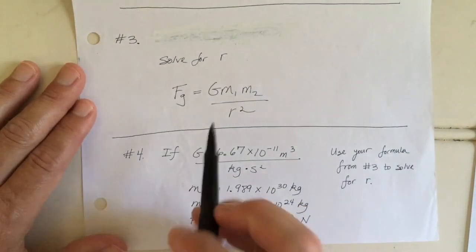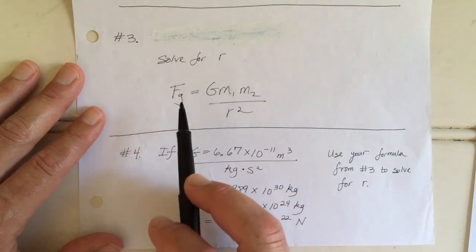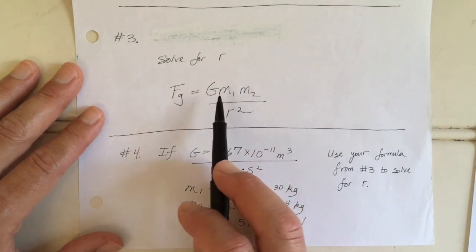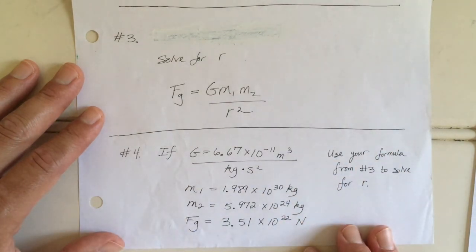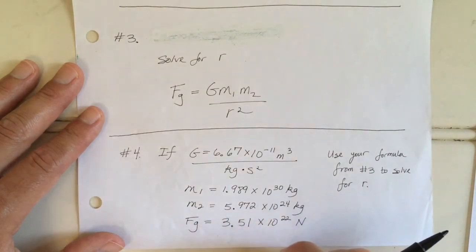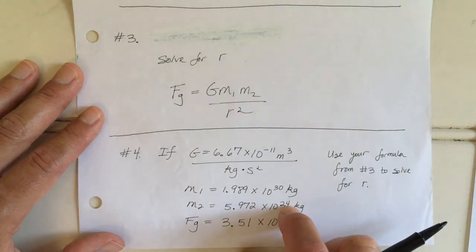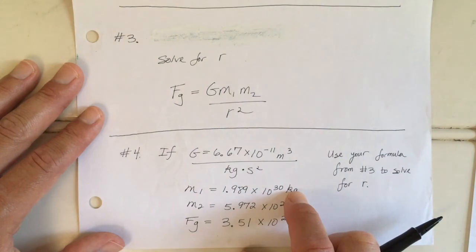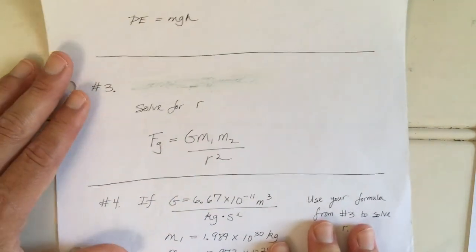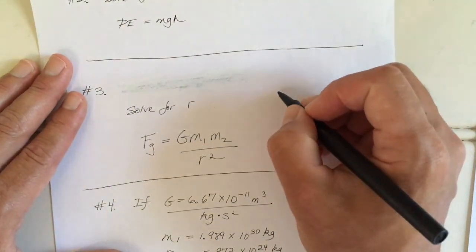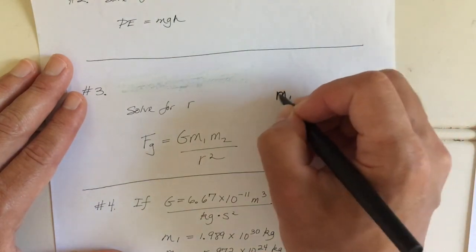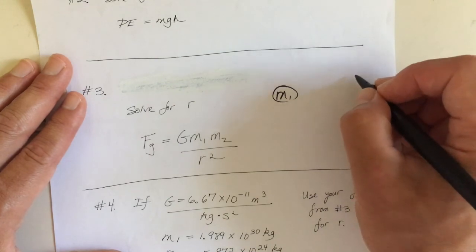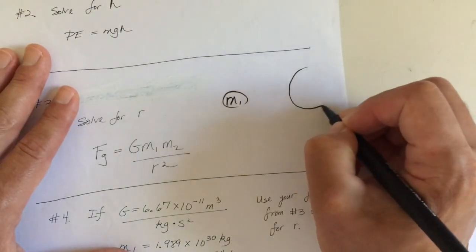Down here, r is not the radius, actually. It's the distance from the center to center of two objects. So I want to say that I picked the mass of the Earth and the mass of the sun, that you're solving for the distance center to center of the Earth and the sun. So I'm saying that you have the Earth here, and it's going to be m1, and you have the sun somewhere out here.